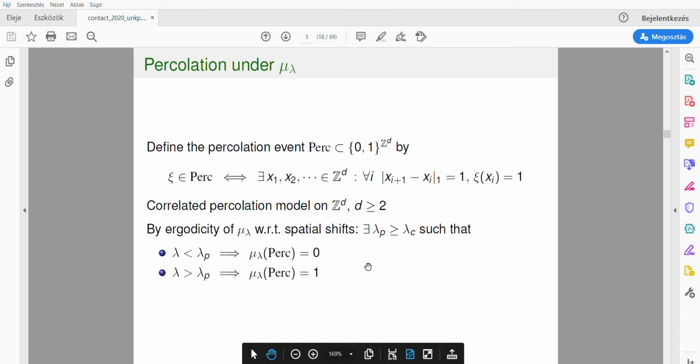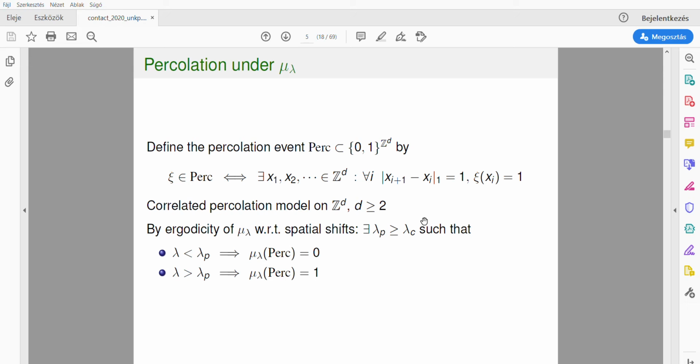So the fact that there exists such a lambda p is kind of a triviality, and it's also trivial to see that lambda p has to be greater than lambda c, because of course if lambda is strictly less than lambda c, then the upper invariant measure consists of all zeros.